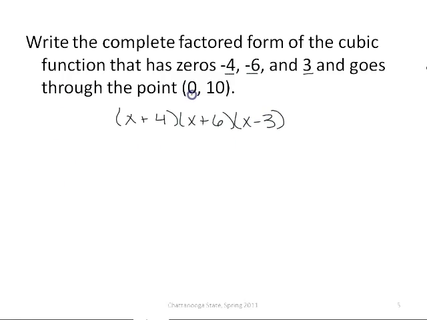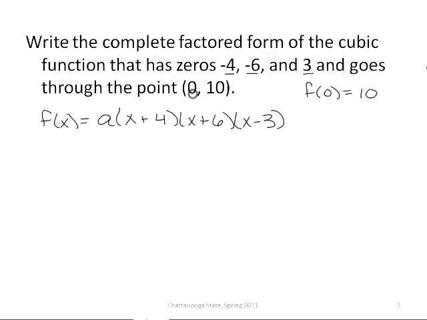But all I know here is that if x is 0, my y value is 10. So my polynomial is going to look like this. The only thing I don't know is this value of my leading coefficient, which is my a. I do know that f of 0 is 10.